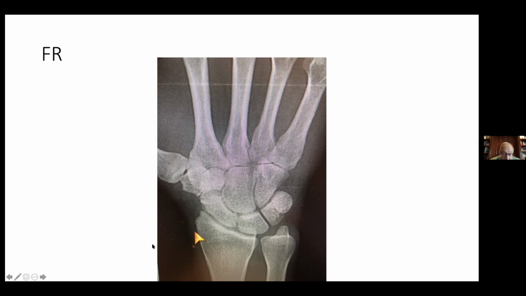So what would you do? I would start with non-op options, obviously, and if those were exhausted and she was still having pain, then I think the biggest thing is you've got to do a resection here, and then if you want to do a tendon interposition, that's fine. If you just want to leave a big scar ball in there, that's fine.